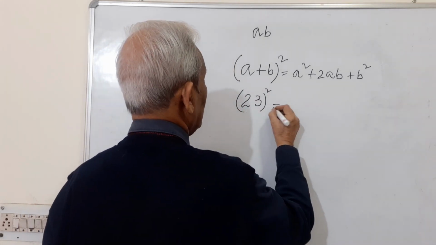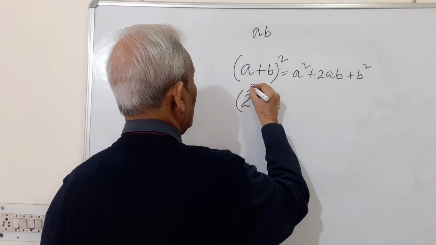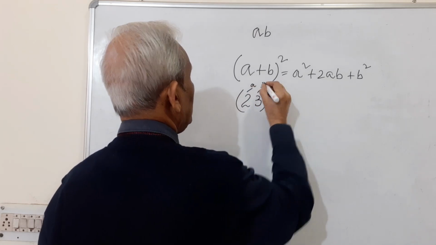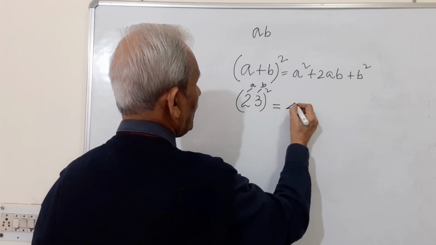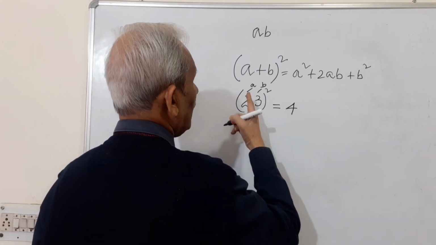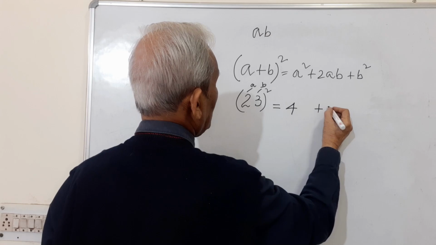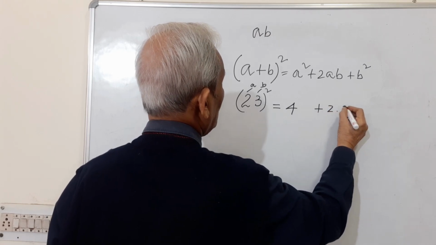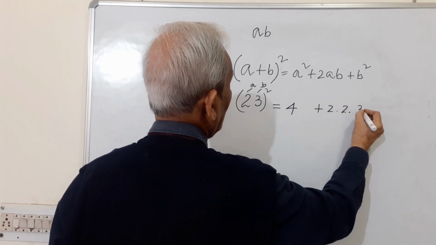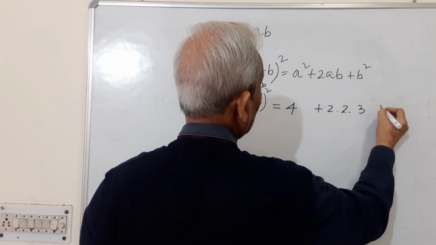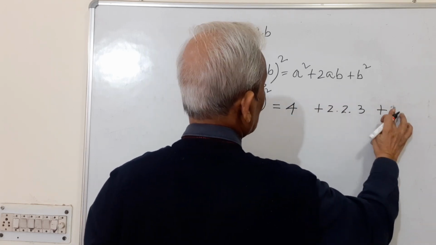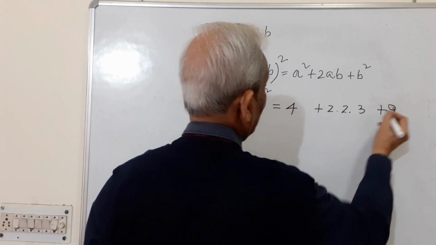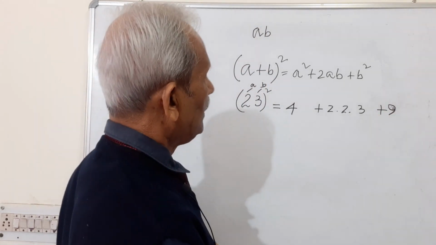Considering this as a and this as b, we can write a square means 2 square, and 2ab means 2 into 2 into 3, and b square means 3 into 3, that is 3 square, equal to 9. But try to understand it here.